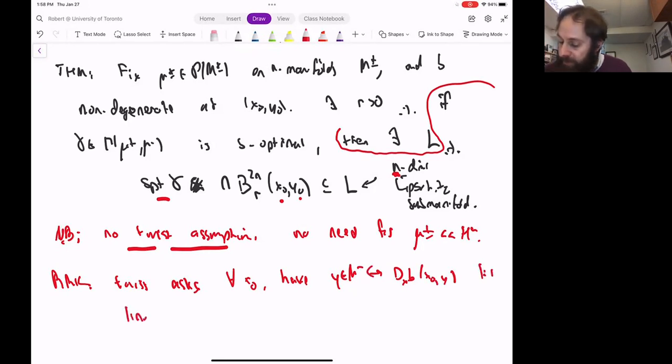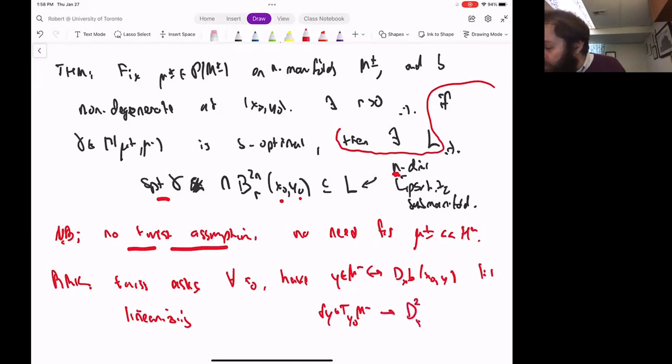If I linearize this by varying y, I would have delta y in the tangent space at y naught to m minus mapping to the second derivative, one set of derivatives with respect to x, the other with respect to y, at x naught, y naught. It goes to this matrix acting on delta y.